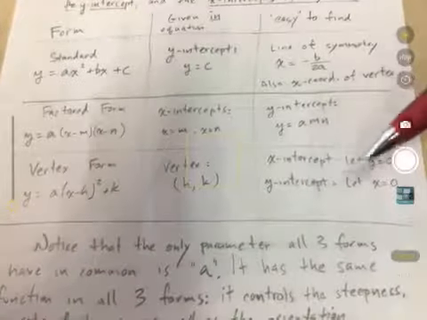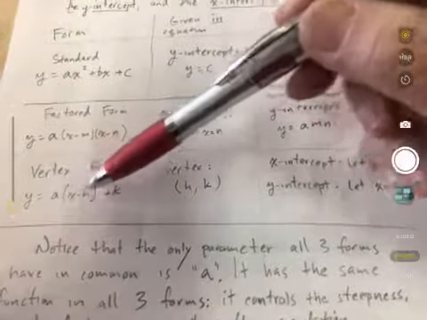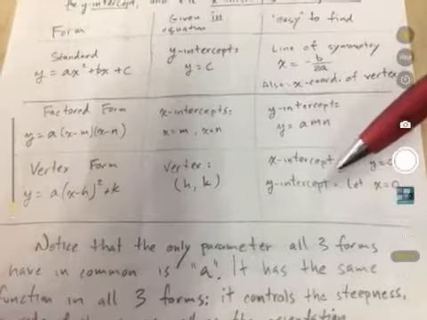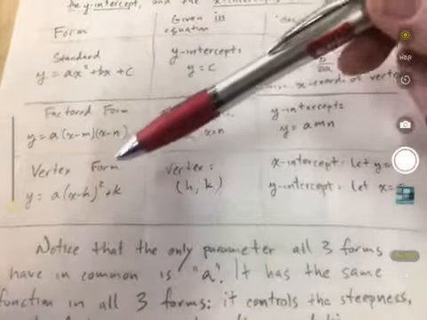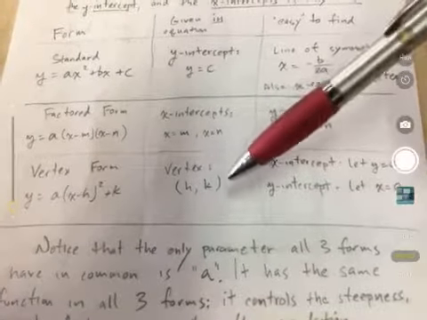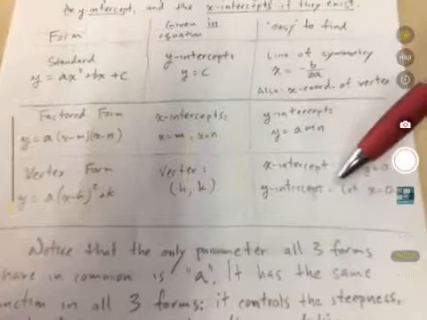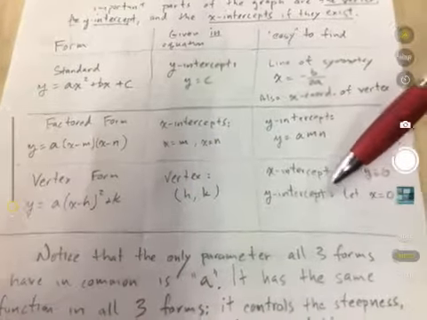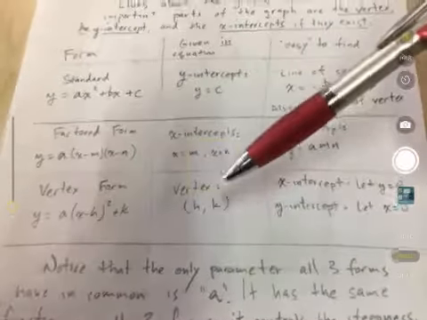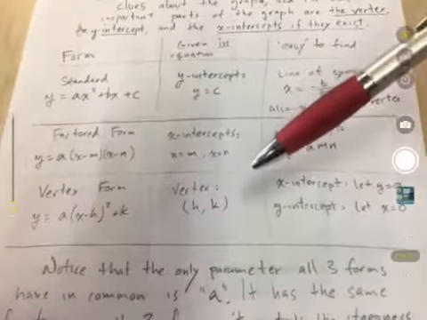You can get the y-intercept by letting x equal 0 and just working that out. All right, so both of those aren't too bad to find in vertex form as well. So you might say vertex form really, with what it just gives you outright and what it provides with a minimal amount of work, is probably about the most efficient way we have to graph a quadratic function.